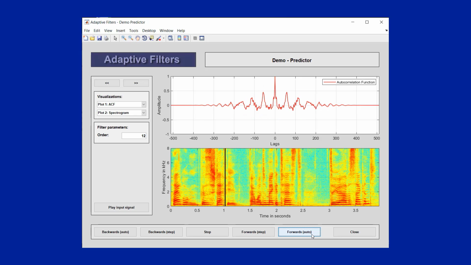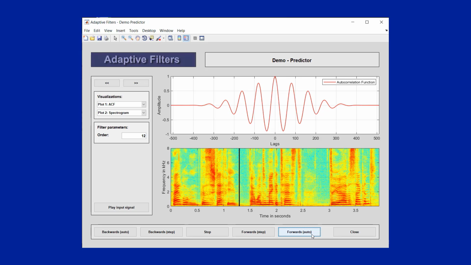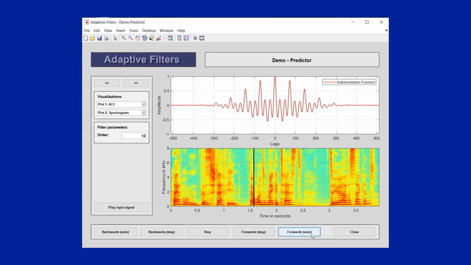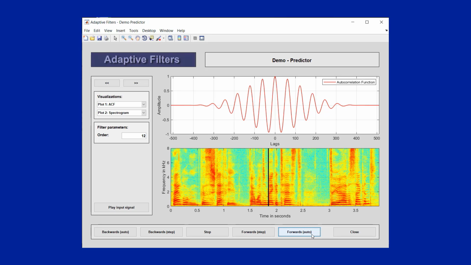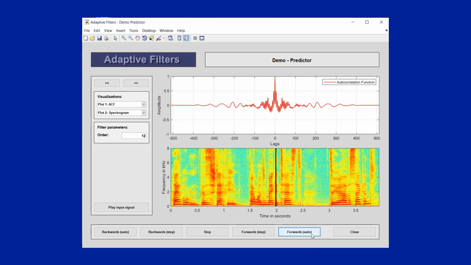In sections of voiced signals, there is quite a bit of correlation in the signal. So the main lobe is very wide, and the lags 1, 2, 3 or whatever are very similar to lag 0. But when we get into an unvoiced section like here, it's more or less white noise, where we have a very high peak at lag 0, and then there's not much correlation within the signal.